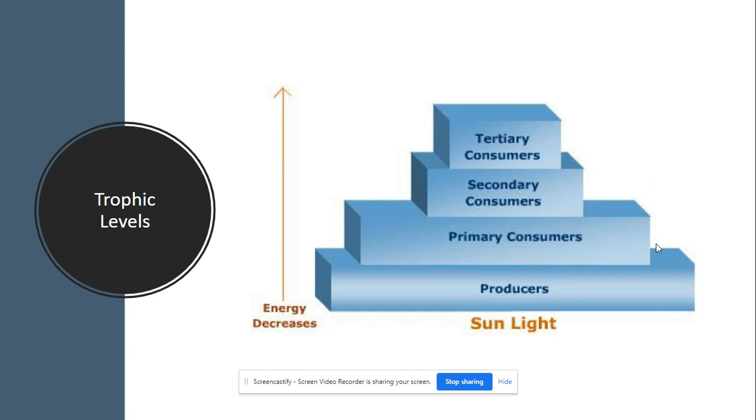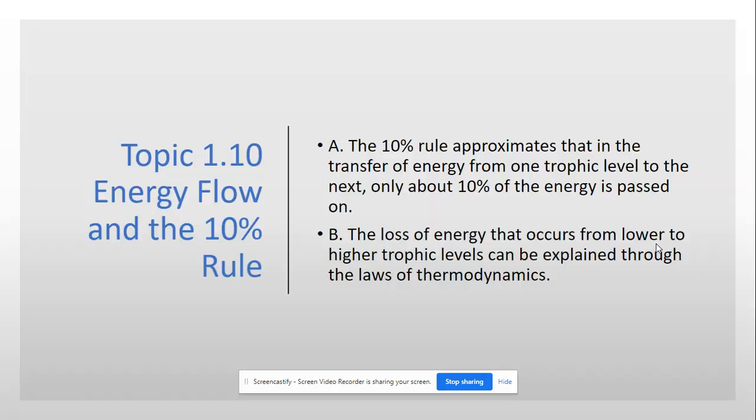Typically, we depict that flow of energy in the form of a pyramid. Our producers are the largest set of organisms in terms of number. They also obtain the most energy, so we place them at the bottom versus our primary, secondary, and tertiary consumers. You can see as you move up in trophic level, energy decreases.